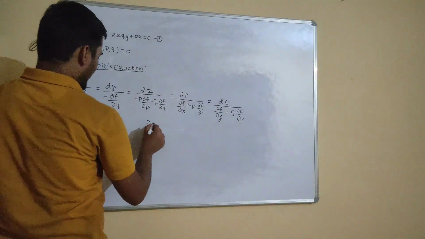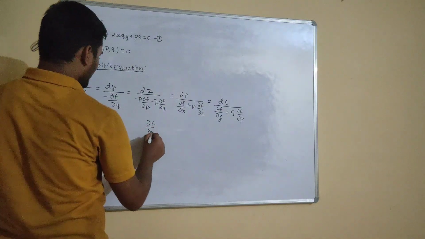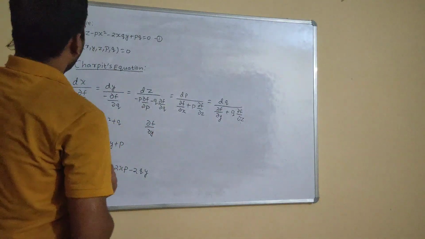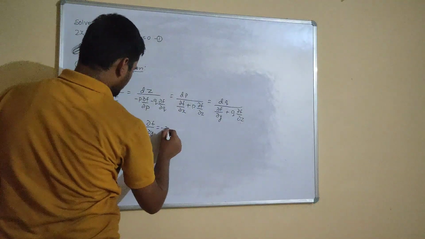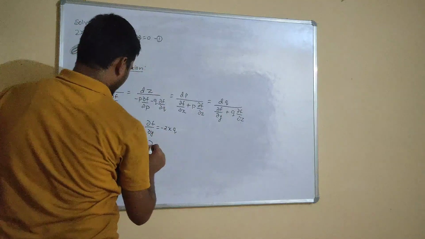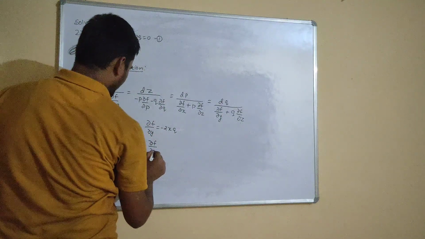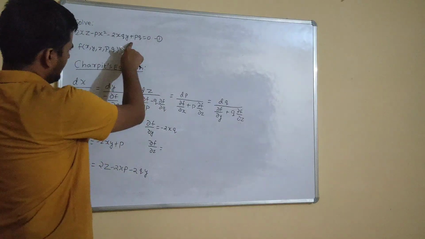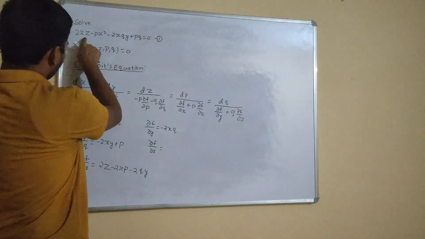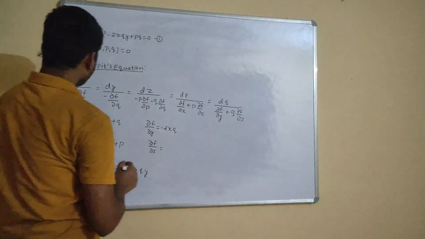Then we have del f by del y. Only this term has y, so minus 2x cube. And finally del f by del z, which is only this term, so 2x.